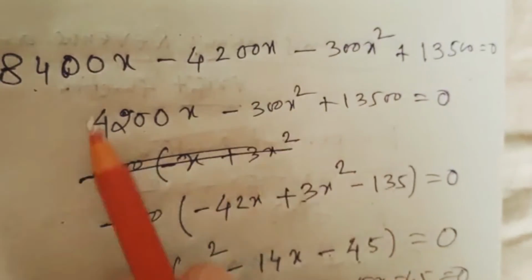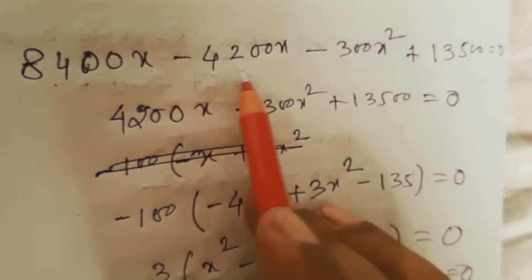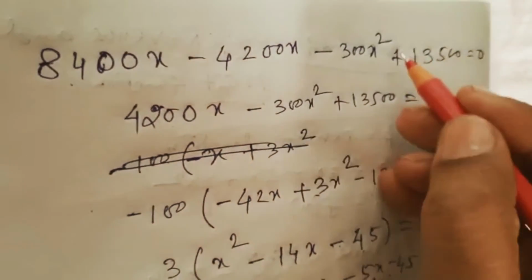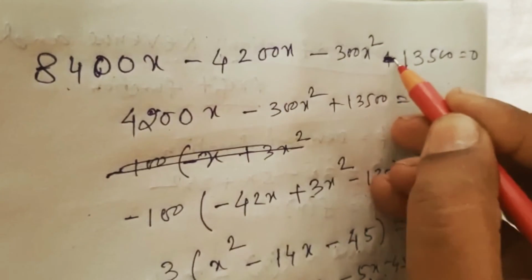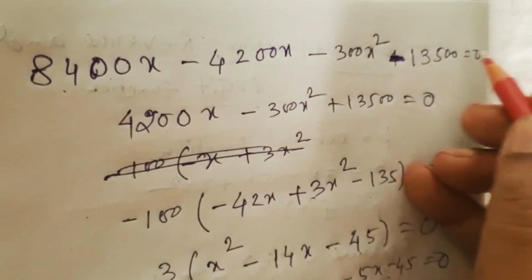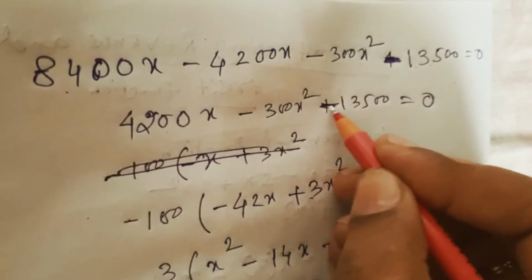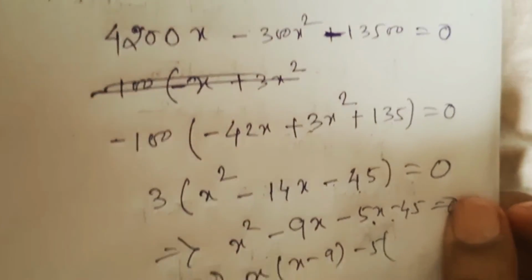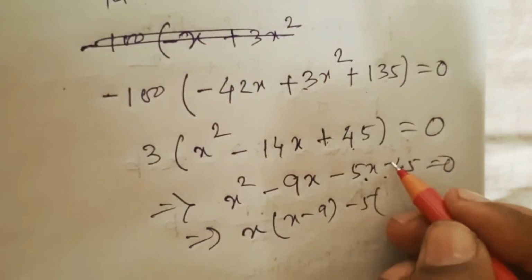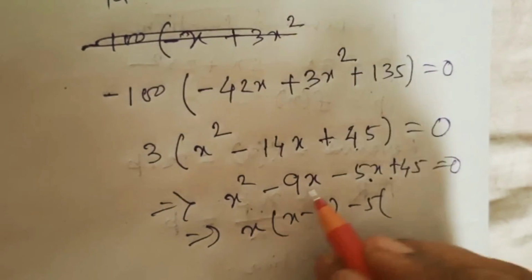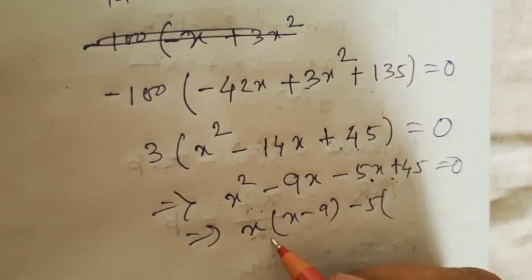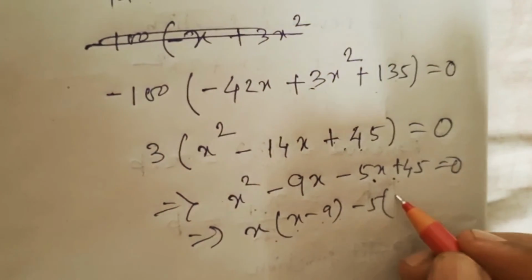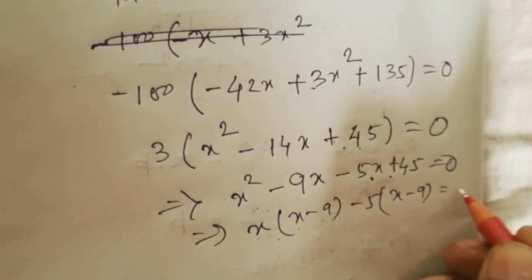Now 8400 minus 4200 gives, minus 300x square, minus 13500 equal to 0. Obviously this is a minus sign, and if you take the minus common, this becomes plus.